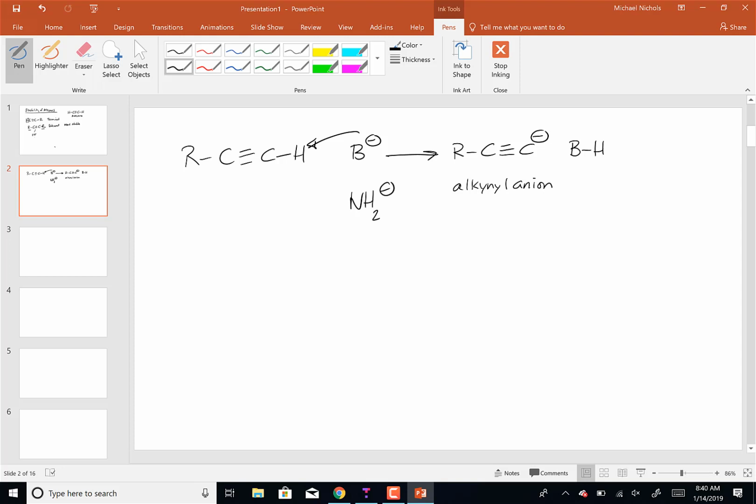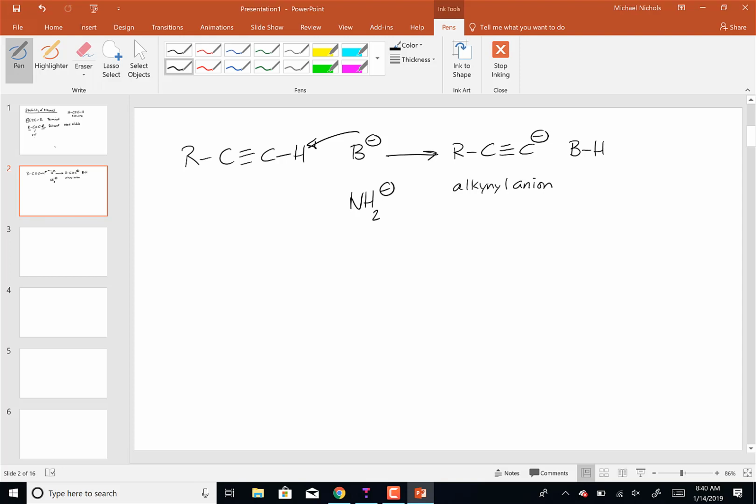For those of you that weren't in first semester with me, we use NH2- as a strong, small base, and we use potassium tertiary butoxide as our sterically hindered strong base. The small base produces a double bond that's most substituted when you do E2, and the tertiary butoxide removes the hydrogen that's the least sterically hindered. So in this case, we're going to use NH2- to form that alkynyl anion.